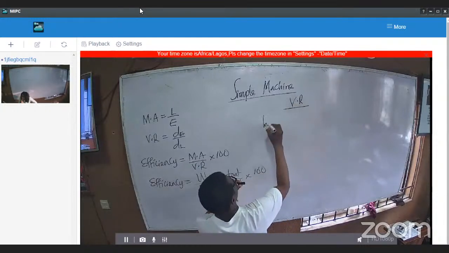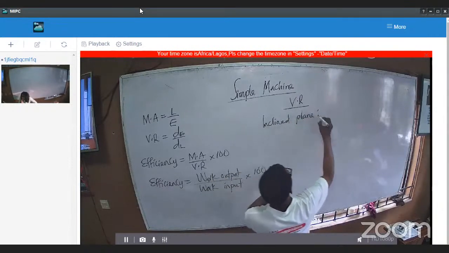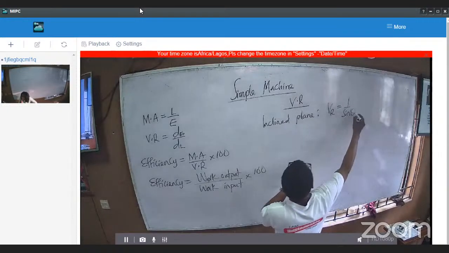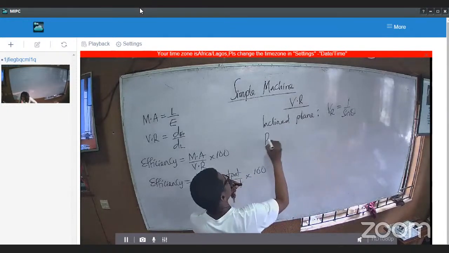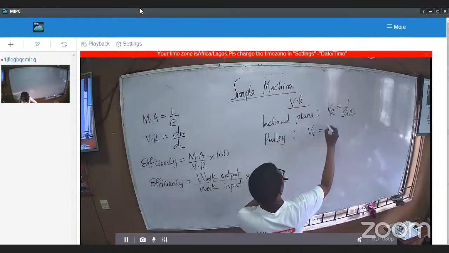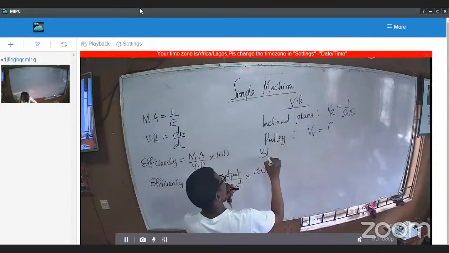Then VR of some popular machines. Number one, incline plane: velocity ratio is 1 over sine theta. For pulley system, velocity ratio is the number of pulleys. Let me use wheel and axle, that will be better.